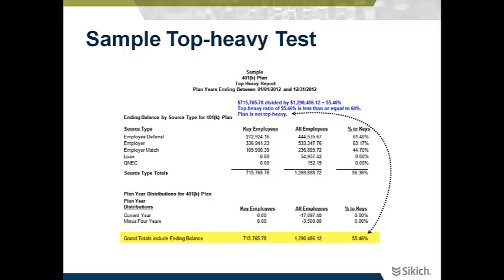And the top-heavy ratio of 55.46% is less than or equal to 60%, so the plan is not top-heavy.